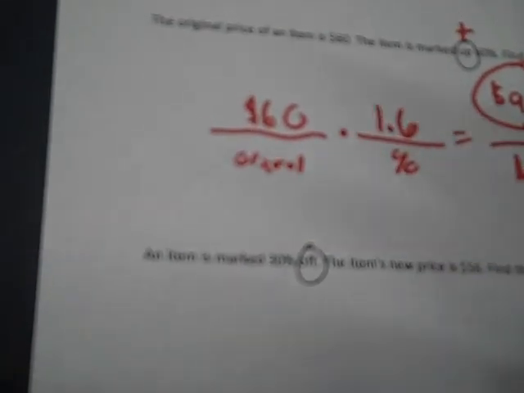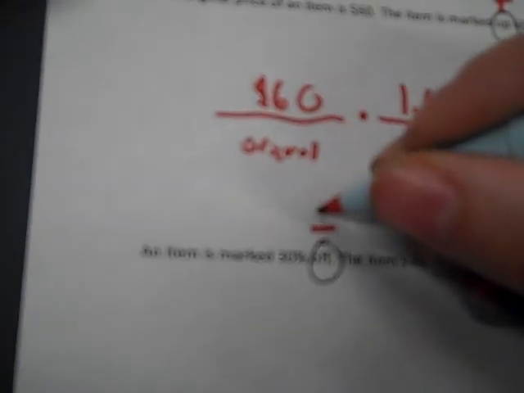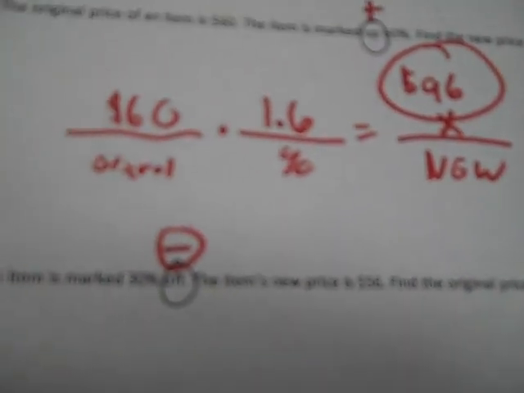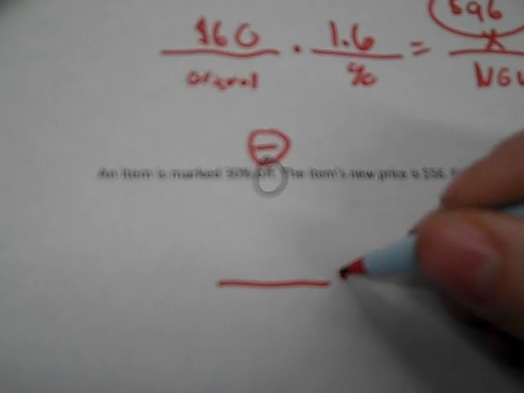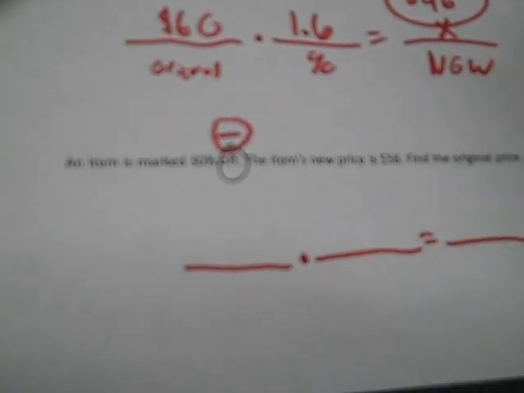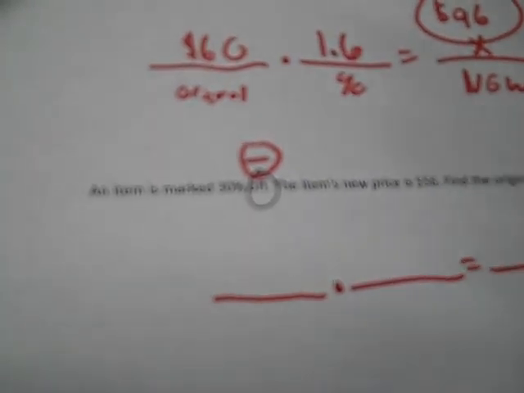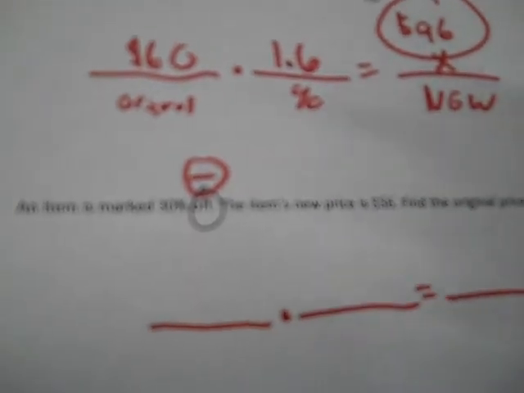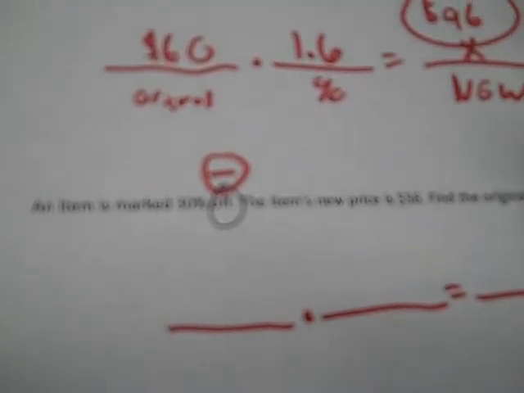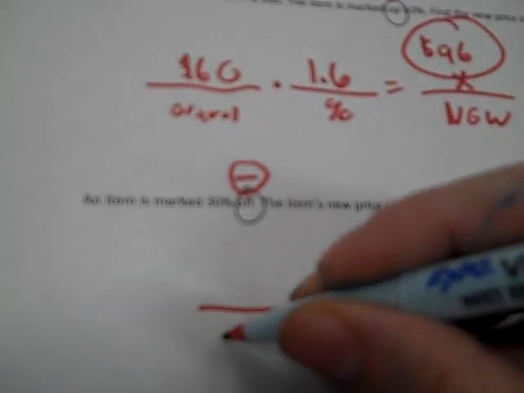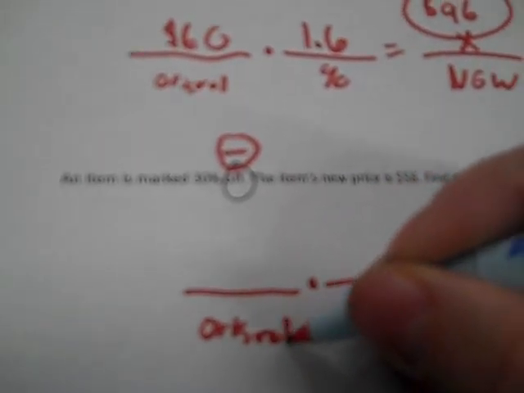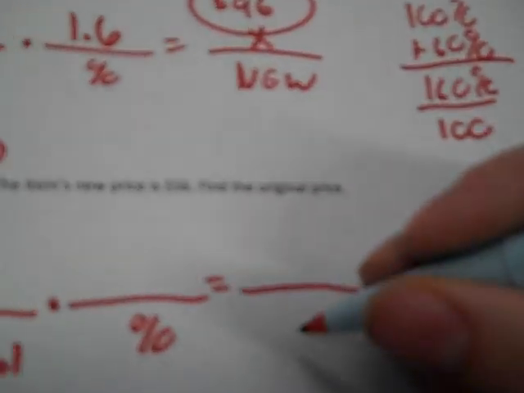An item's marked 30% off. Off insinuates minus. So with that minus, we know the way we're going to set up this percent problem. In real life, this is really the basis you need to know for percents, as long as they insinuate plus, minus, whatever. So we have original, we have percent, we have new.